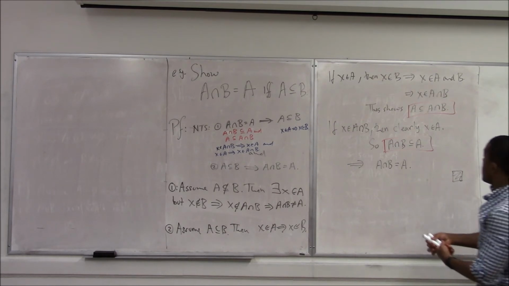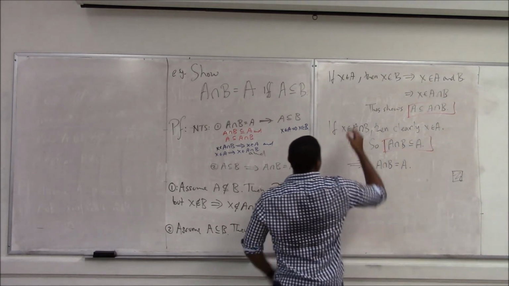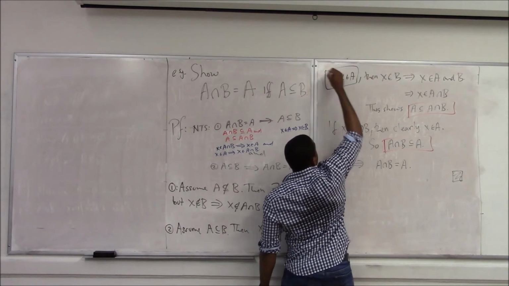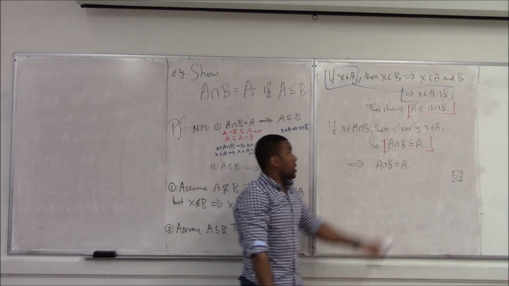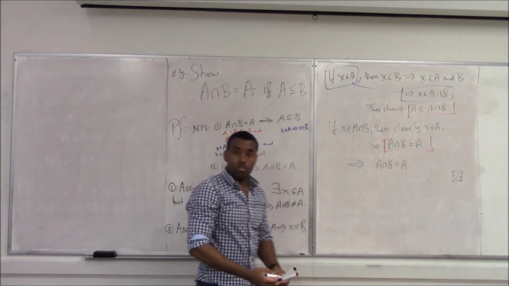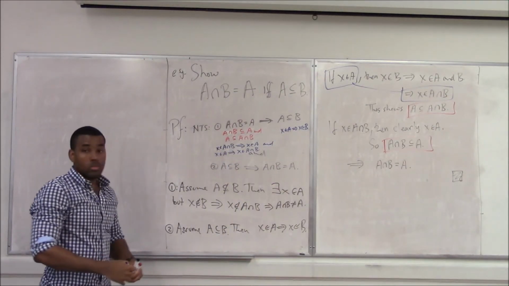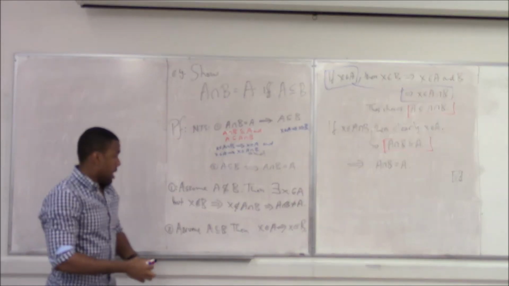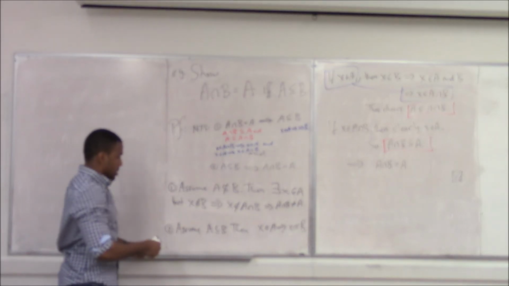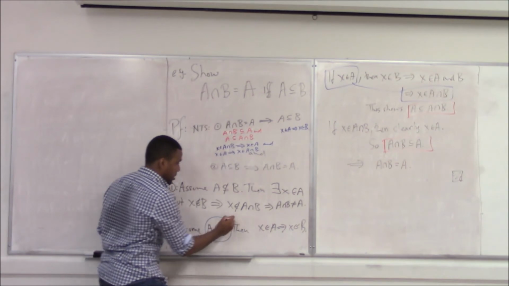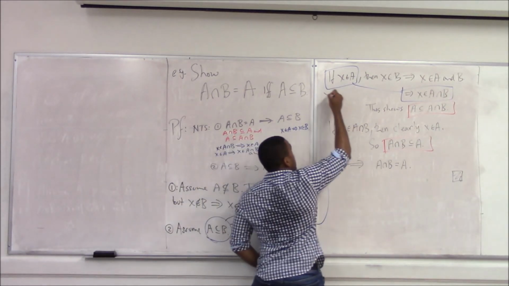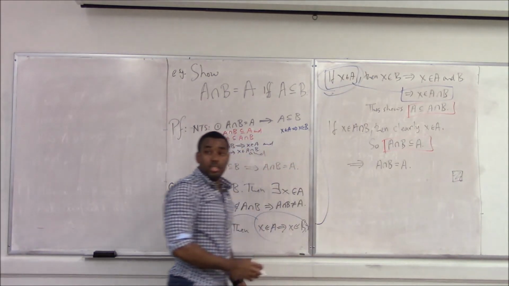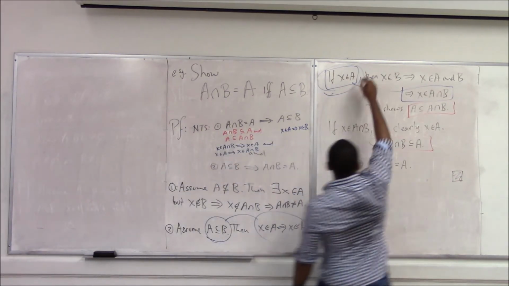Yeah, because I can make that jump because I said this implies that. So I can say this. Right. And this gives me that, which allows me to say that, gives me that.